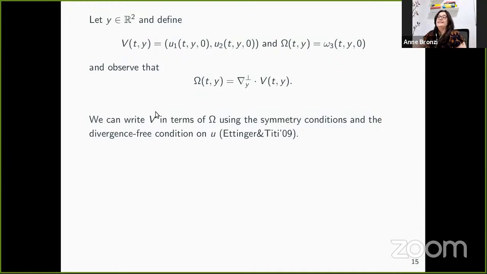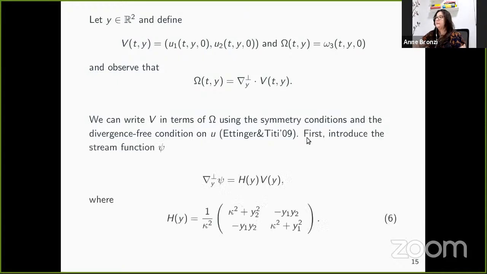Here we don't have that this V, this capital V, is divergence free. It's not, okay? But even though, we can introduce a stream function. This was done in this paper of Ettinger and Titi in 2009.